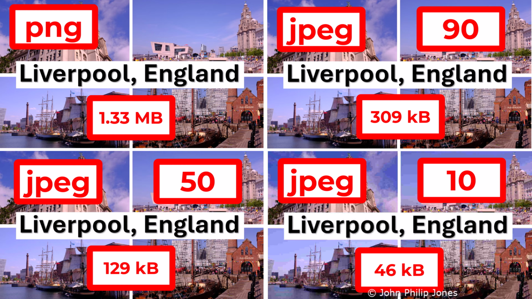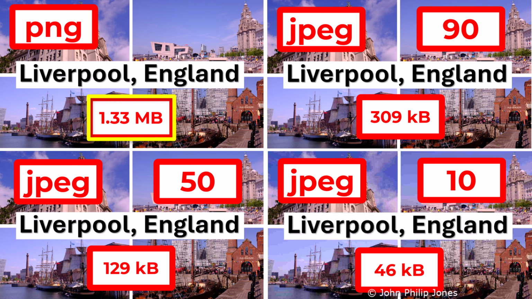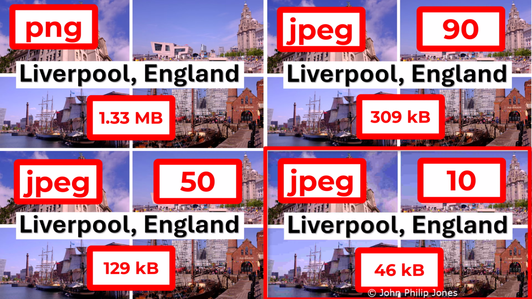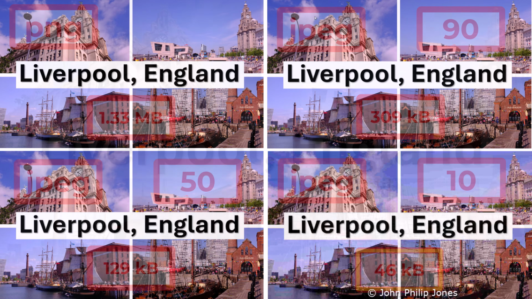If you consider the original PNG file, you can see its size is 1.33 megabytes. If we now turn our attention to this file, which is the lowest quality JPEG that I saved, you can see its file size is 46 kilobytes, which is significantly smaller than the 1.3 megabytes.